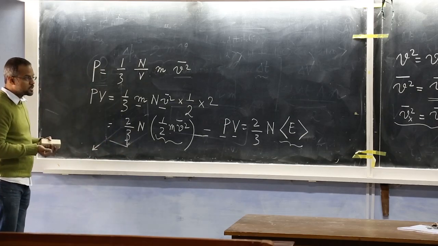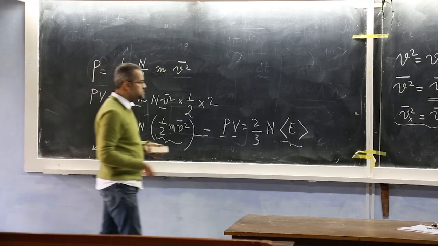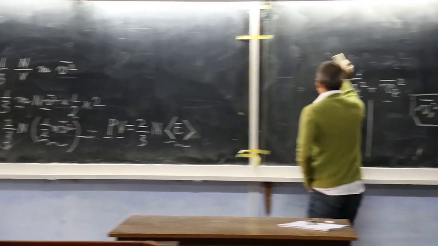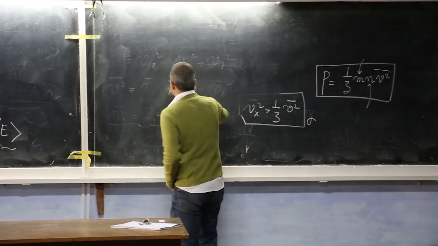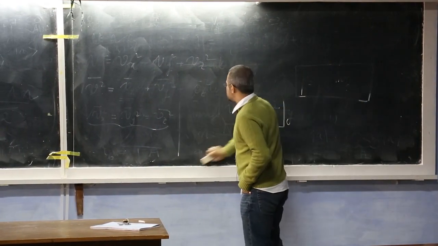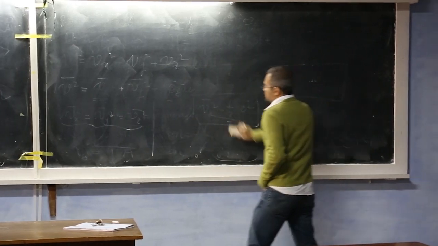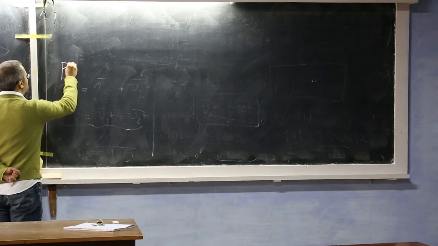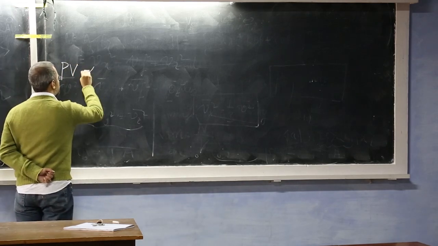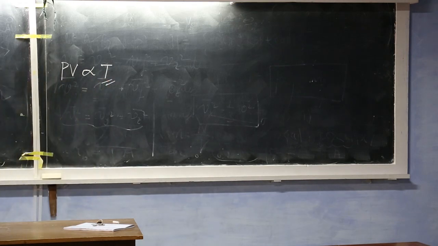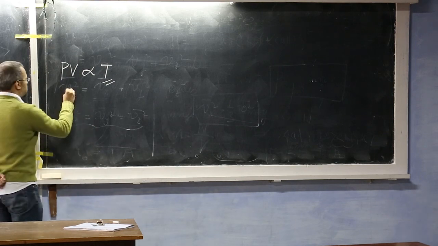These are macroscopic quantities and they can be measured in experiments, and we have a very powerful empirical result which goes by the name of the famous gas law, the combination of Charles' law and Boyle's law. These are empirical facts, and we know that PV is basically proportional to something that we call the temperature. This is empirical, experimental.